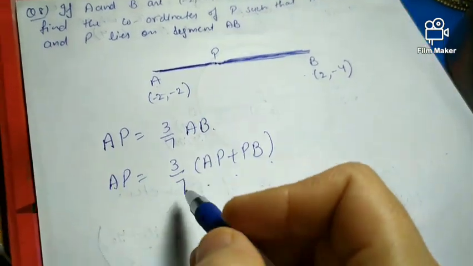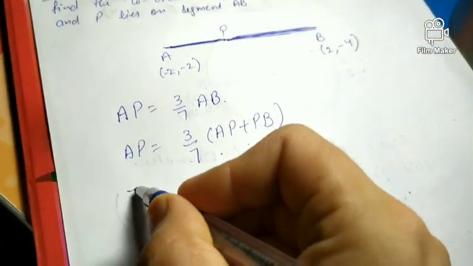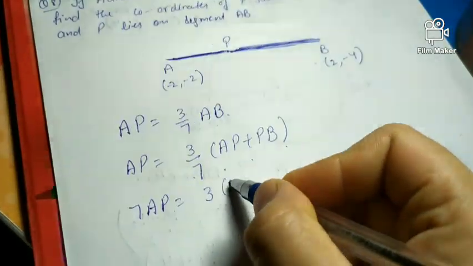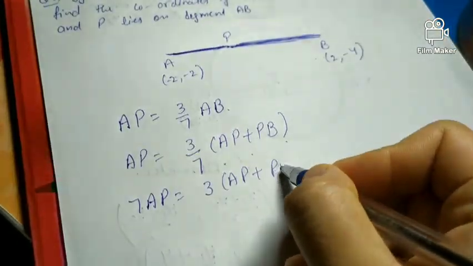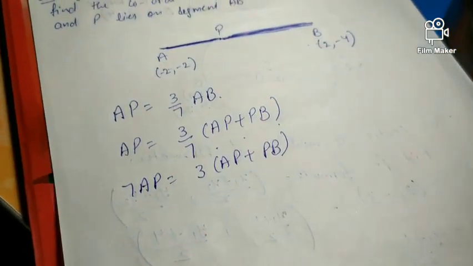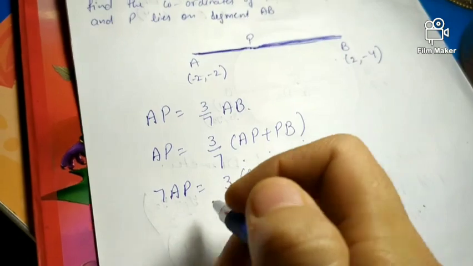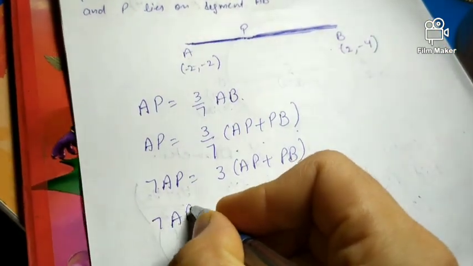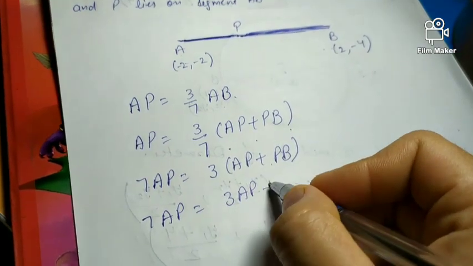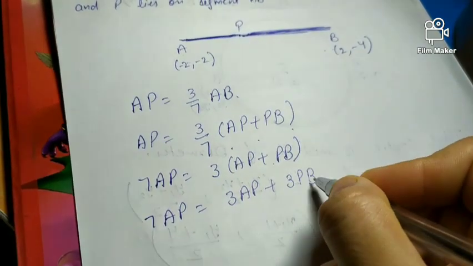Clear to all? Now do the cross multiplication. 7 AP equals to 3 times AP plus PB. Hope you all are able to understand. This will become 7 AP equals 3 AP plus 3 PB.